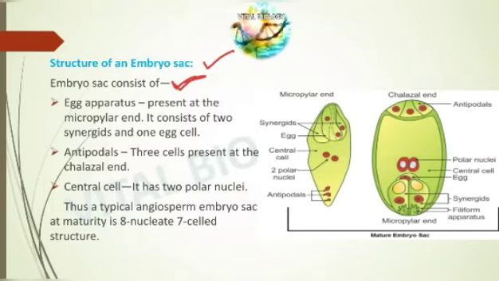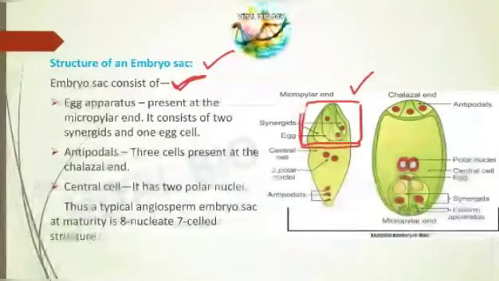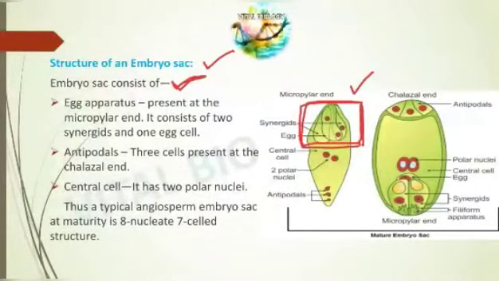You stopped until the 8 nucleated stage, right? Next, egg apparatus is formed. The egg apparatus is present at the micropylar end, and it consists of 2 synergids and 1 egg cell.